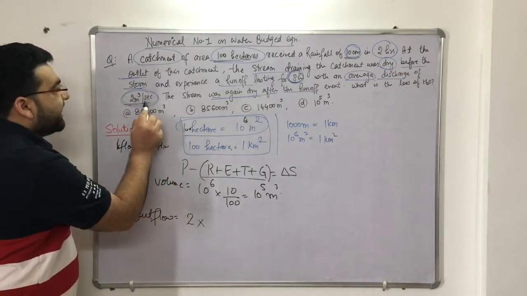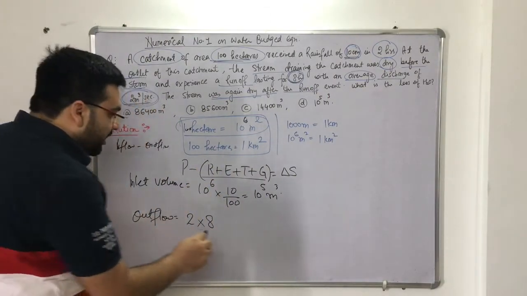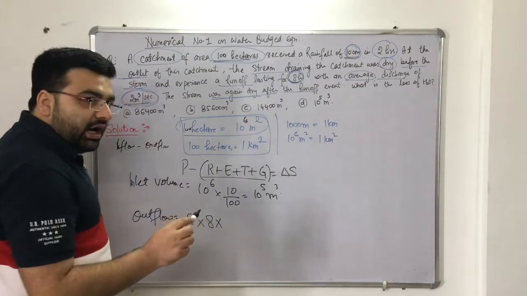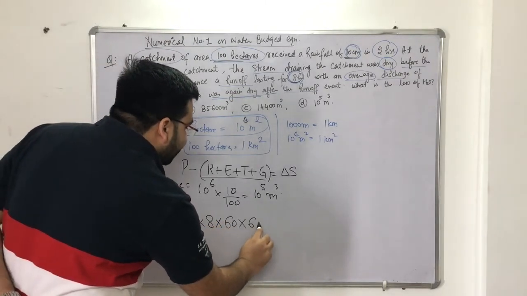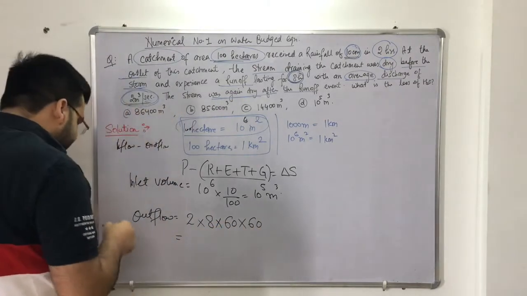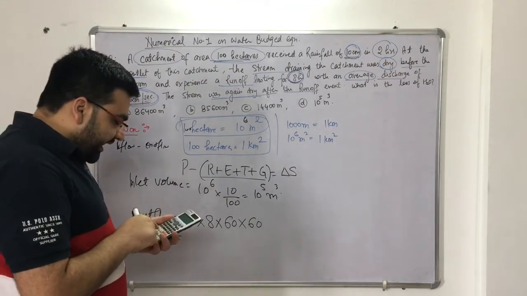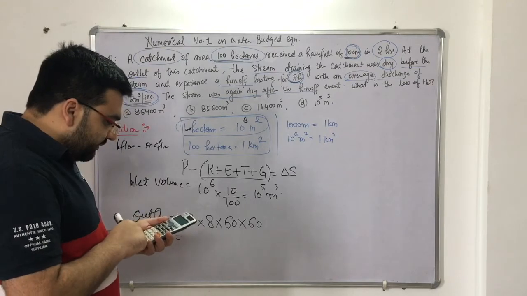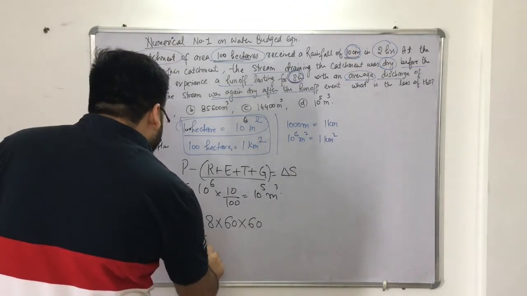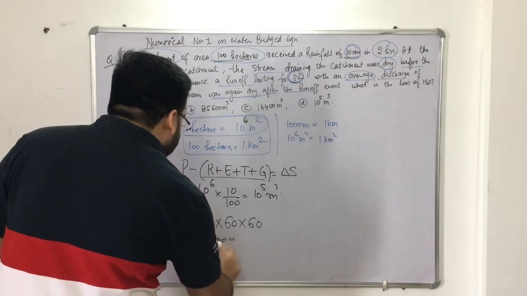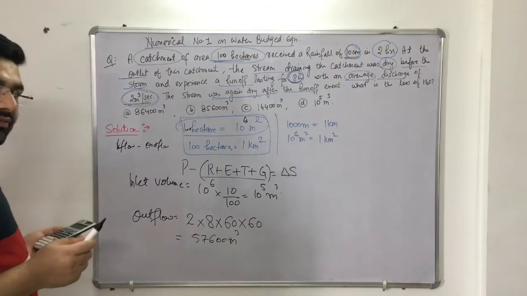Now time will be in seconds. So 8 hours, 60 minutes per hour, and 60 seconds per minute. It will be equal to 8 into 2 into 3600, which comes out to be 57600 meter cube. So this is the discharge.